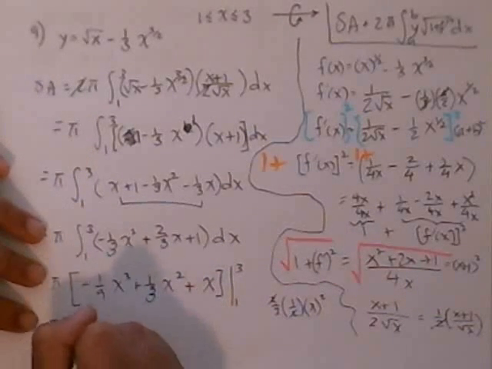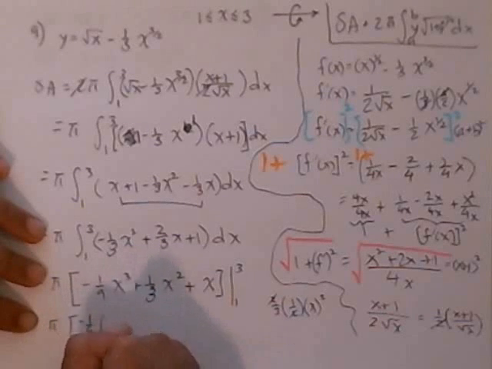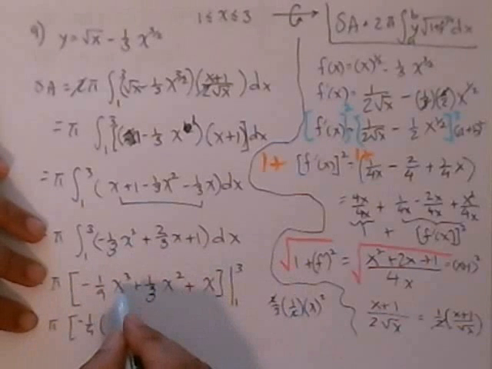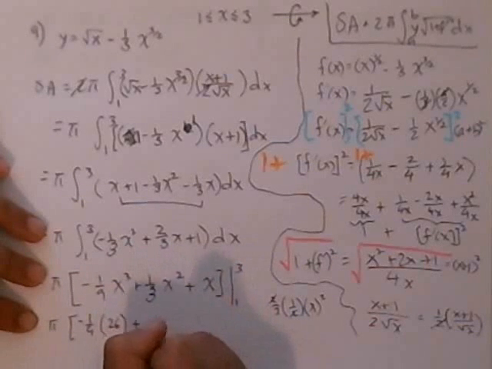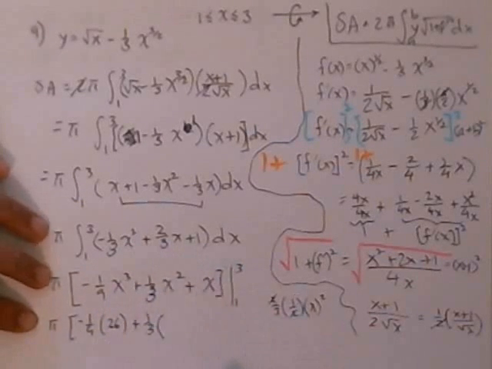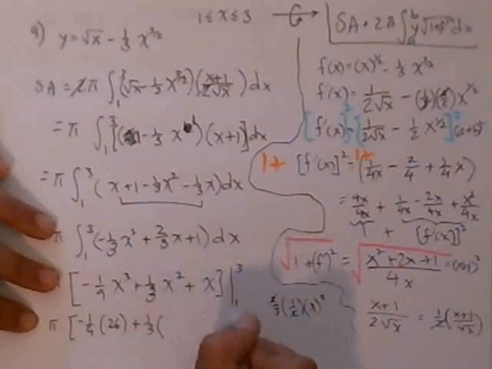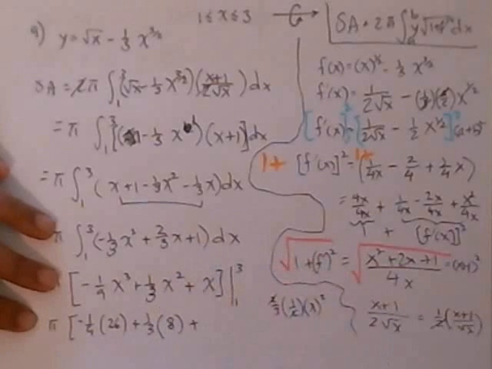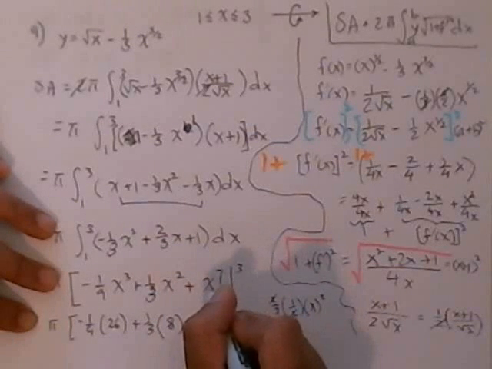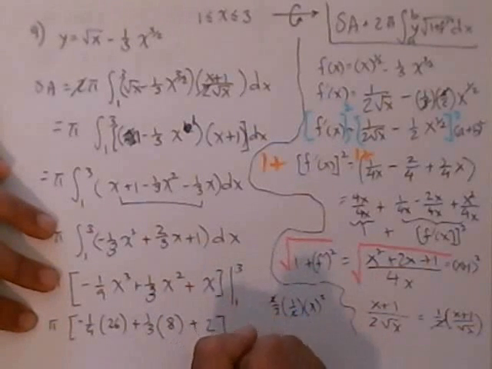Equals pi times negative 1/9 times 3 cubed is 27 minus 1 is 26. Plus 1/3 times 9 minus 1 is going to be 8. Plus, that's 3 minus 1 is going to be 2.